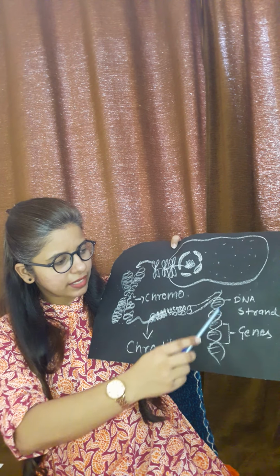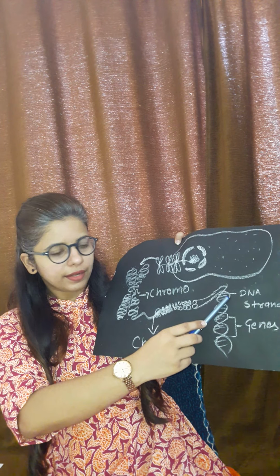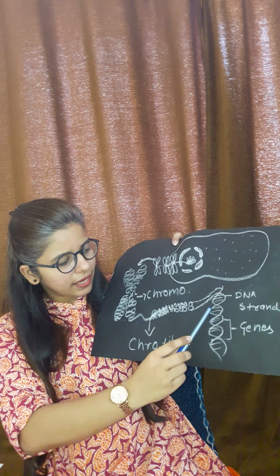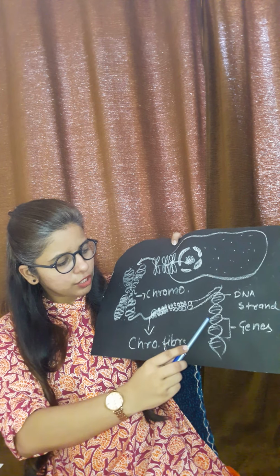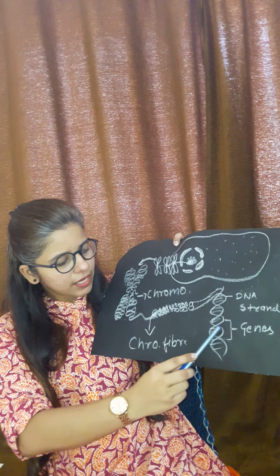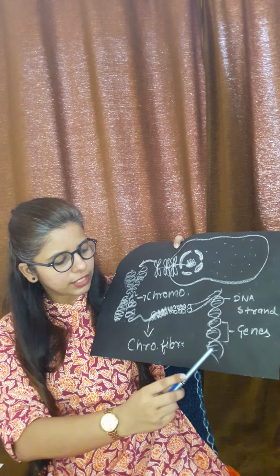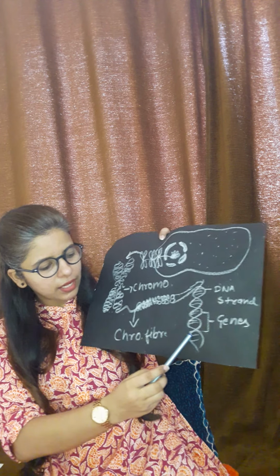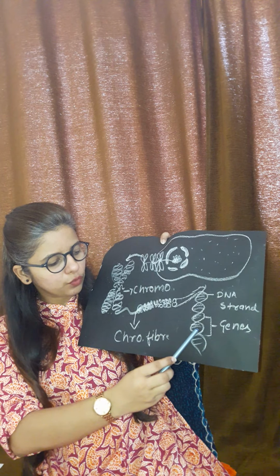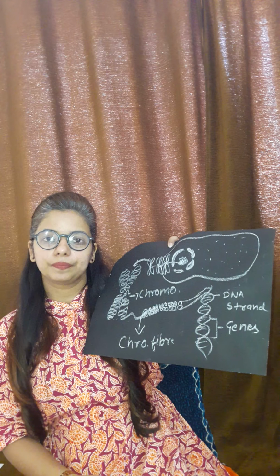These double strands are DNA, right? And on the DNA, the functional units are present. DNA is made up of functional and non-functional units, and the functional units are called genes.